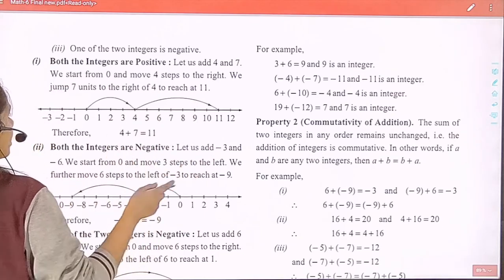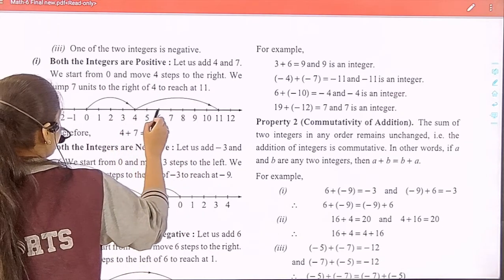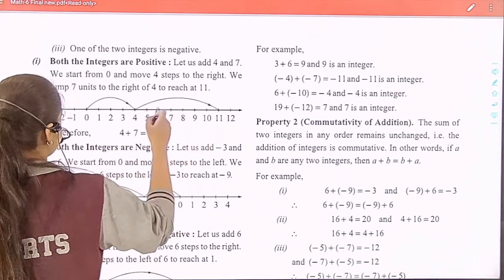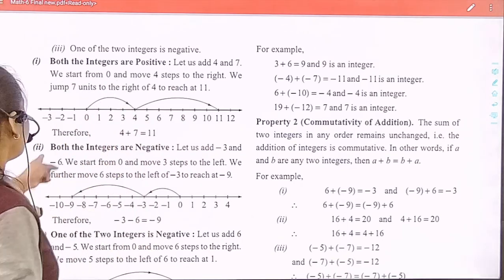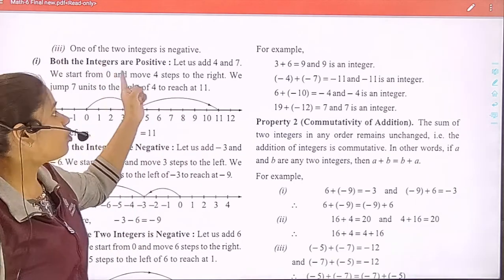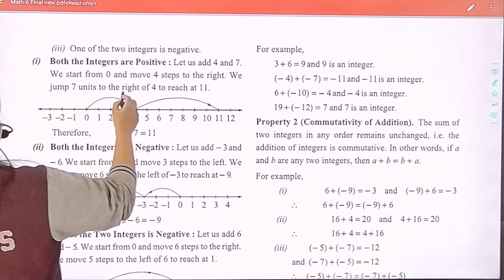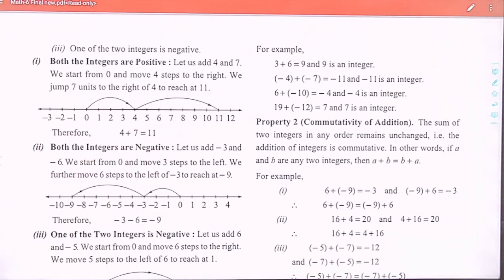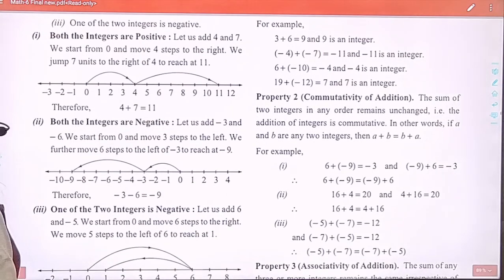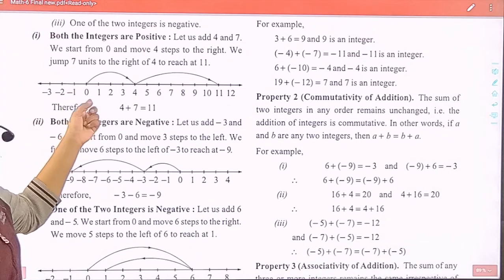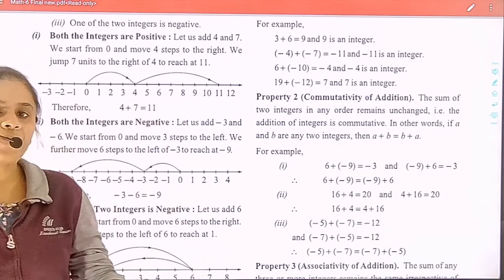We start from 0 and move 7 steps to the right. We jump 7 steps to the right of 4 to reach 11.